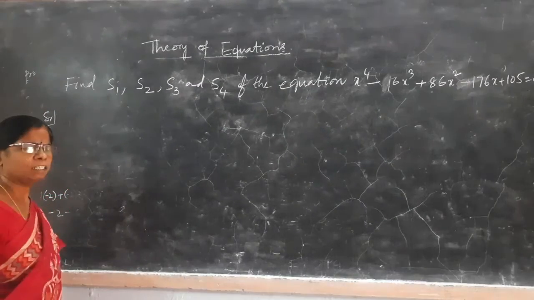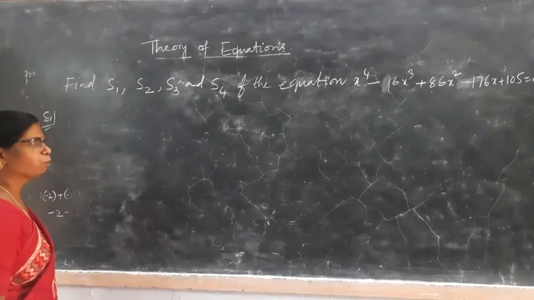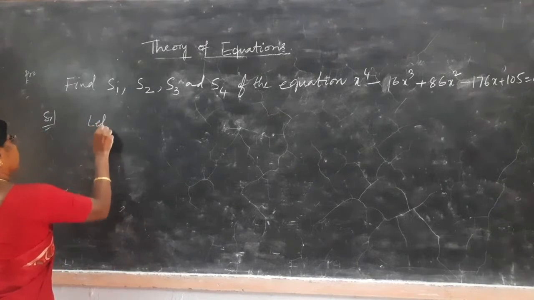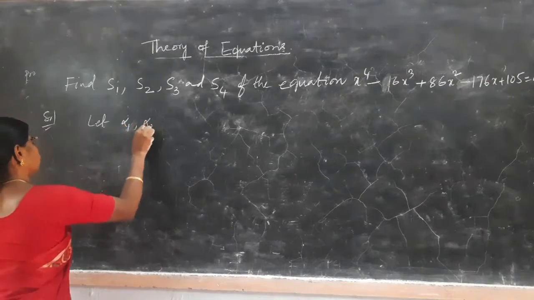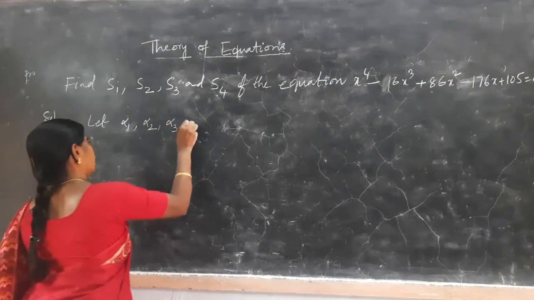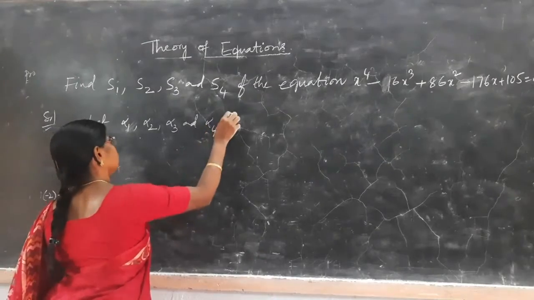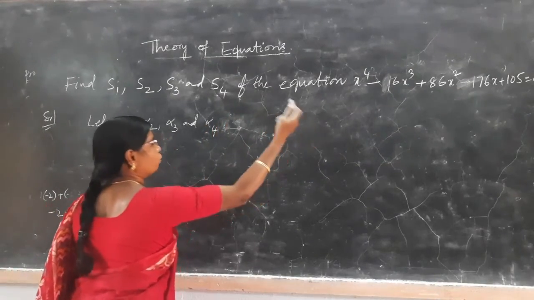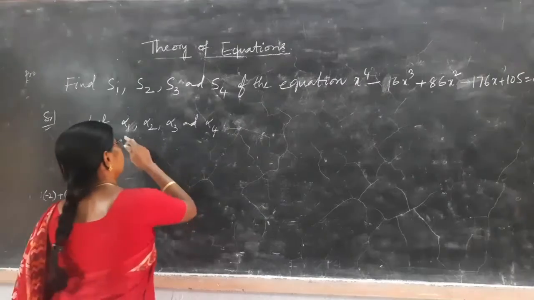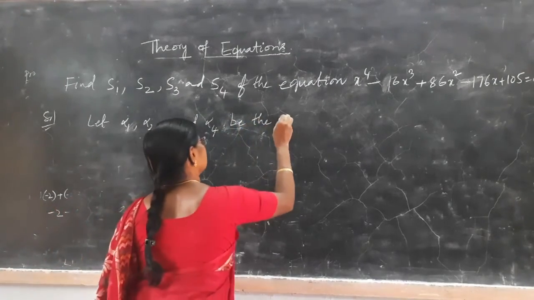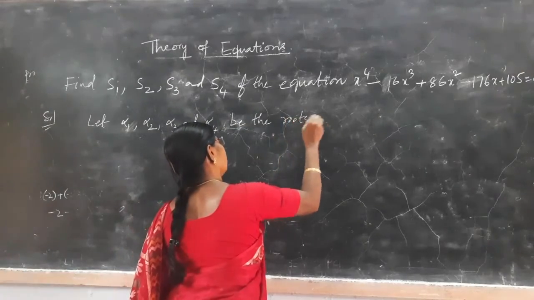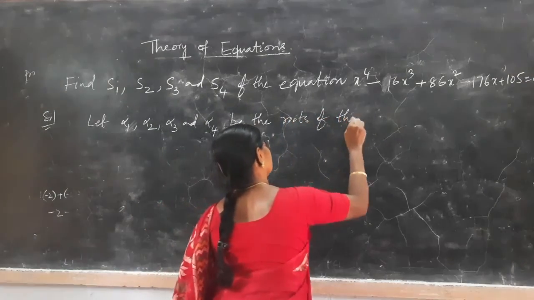What is S1? S1 means the sum of all roots. So what do I write? Let alpha 1, alpha 2, alpha 3 and alpha 4 be the roots of the equation.